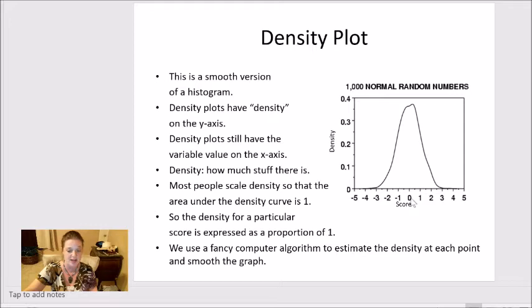I could figure out the probability of having a score from 0 to +5, and that would be essentially half the curve, right? So half the people chose 0 or above. And then I would notice that half the people chose 0 or below. So you can figure out the probability of being in a particular range. Not just the frequency, how many people were in a particular range, but also the probability of being in a particular range. And so density plots are very useful as well.